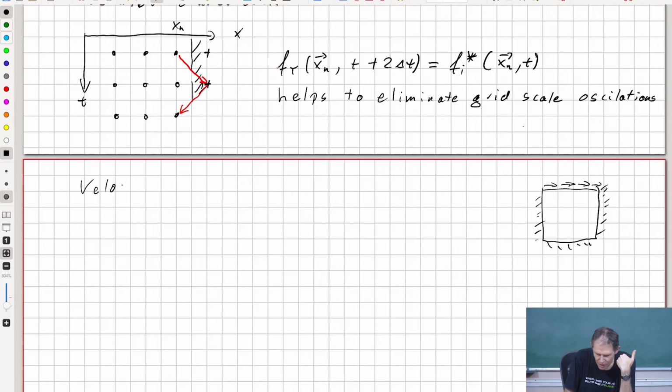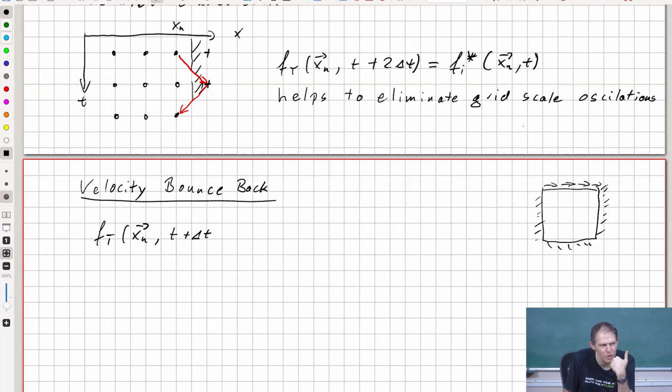So we have velocity bounce back. This is very simple, a bounce back boundary condition, f_i(x_b, t plus either delta t or 2 delta t), so you can decide what you like, delayed or non-delayed, is equal to f_i star (x_b, t). So this is the bounce back.